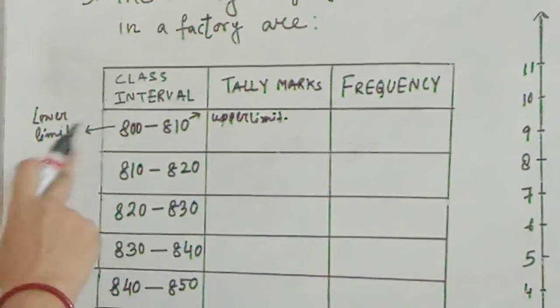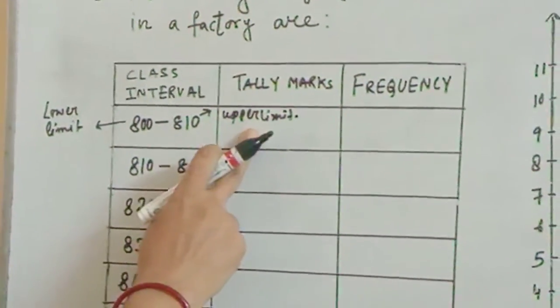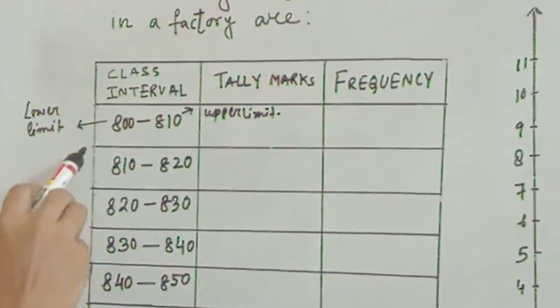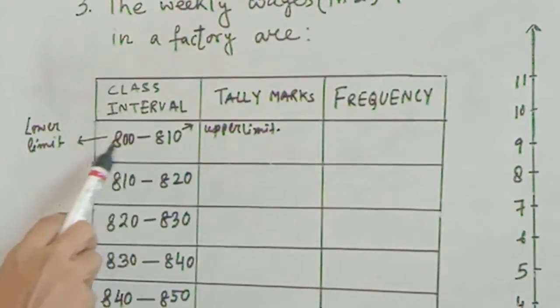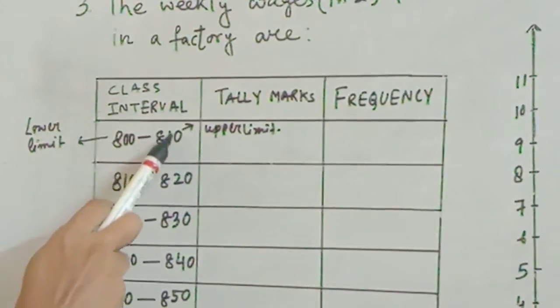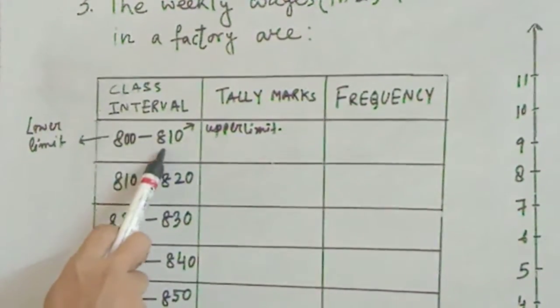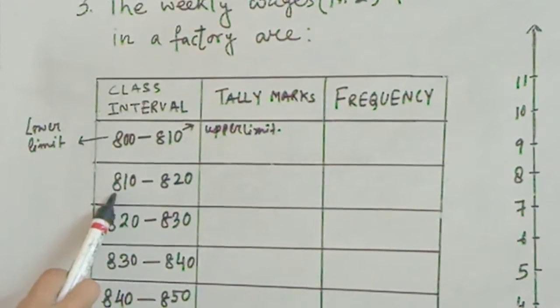Between the upper limit and the lower limit, if a value is 810, we will not count it in this class interval, because 800 is taken at the lower limit.